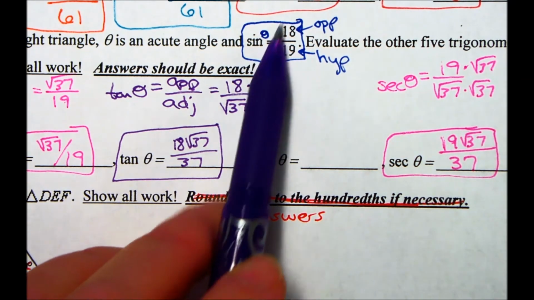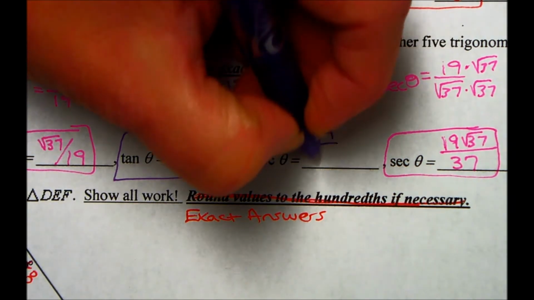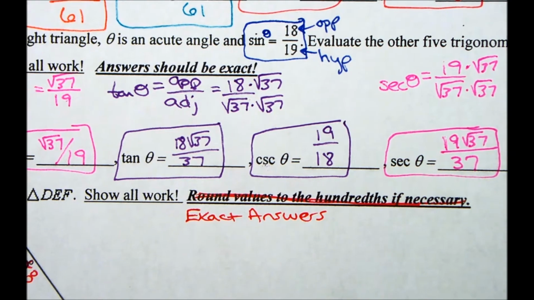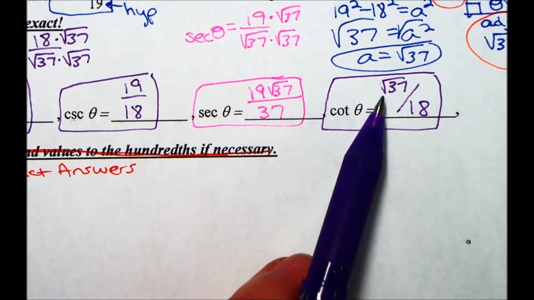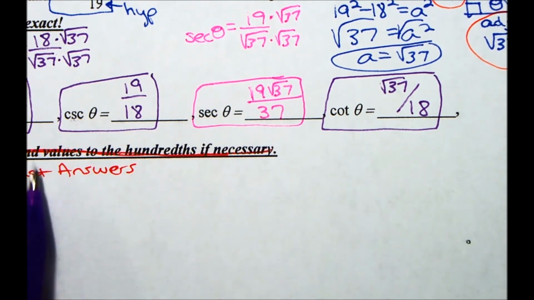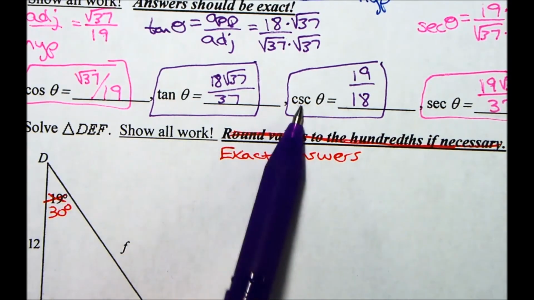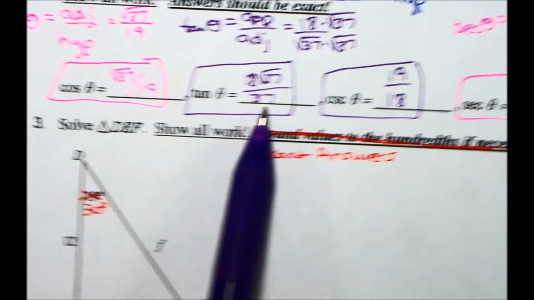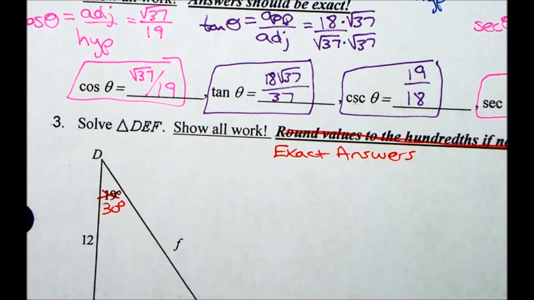So if I just take the 18 and the 19 and flip them around, that's going to give me 19 over 18. So there's my last ratio. And there's cotangent again, square root of 37 over 18. Secant was 19 square root of 37 over 37. Cosecant, 19 over 18. Tangent, 18 square root of 37 over 37, and then cosine is square root of 37 over 19.